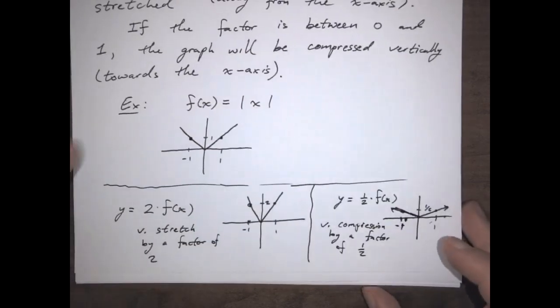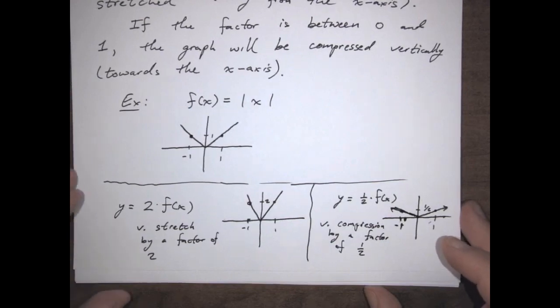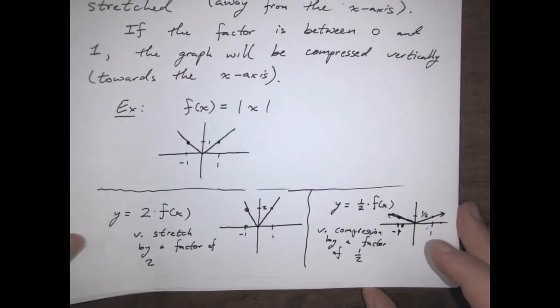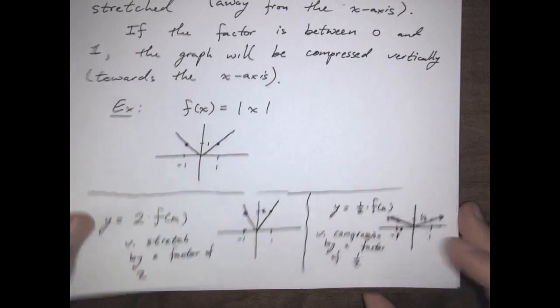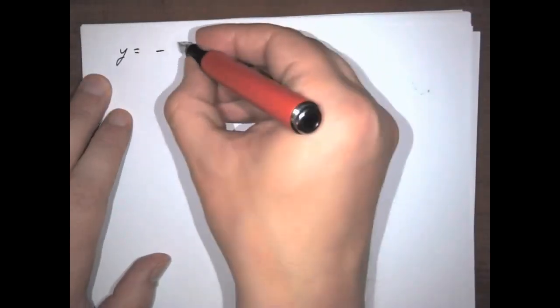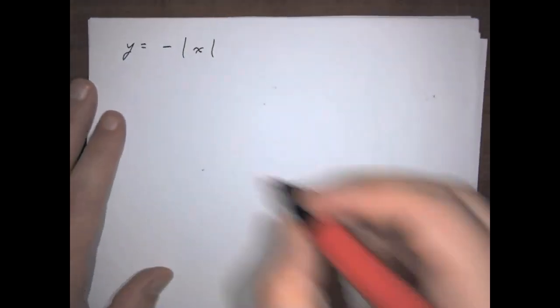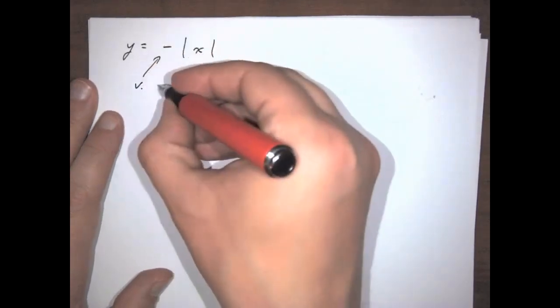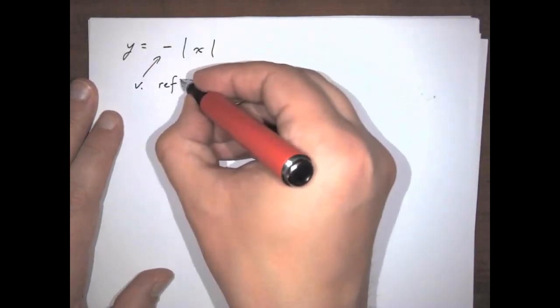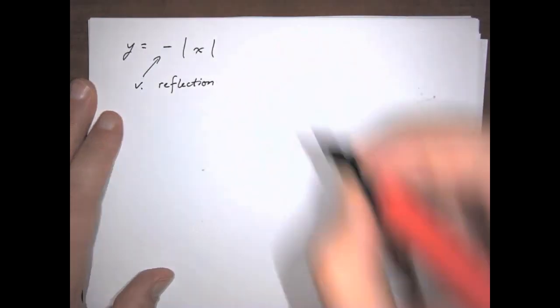Now, if the factor in front had not been positive, then what would happen is that all of the y values would be switched to their opposite. And that would cause what's called a vertical reflection, or in other words, a reflection about the x-axis. So then as more example, if we have y equals just negative absolute value of x, then that is going to be a vertical reflection.